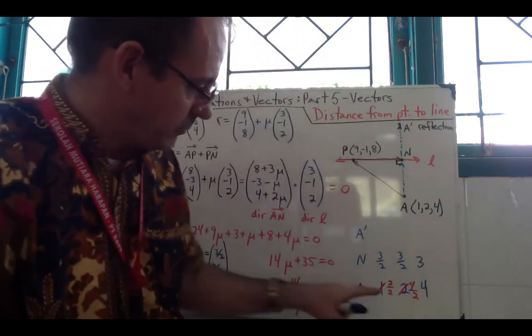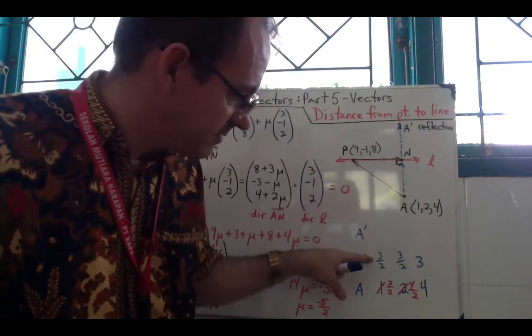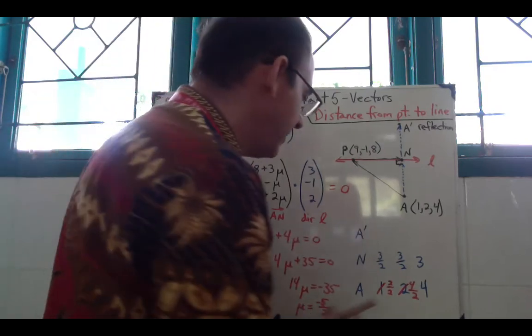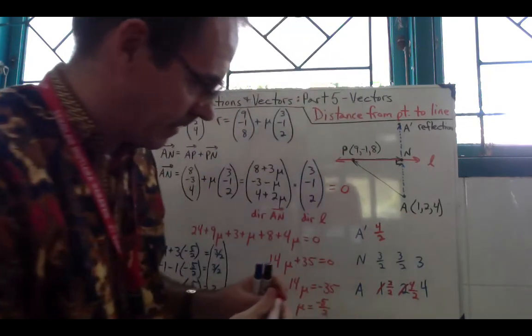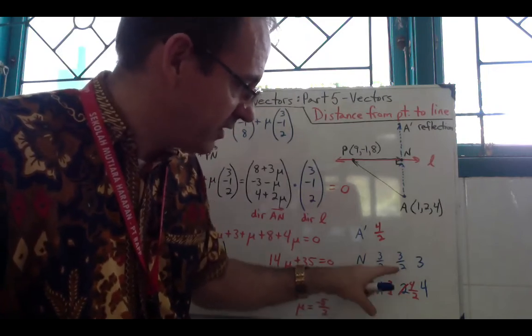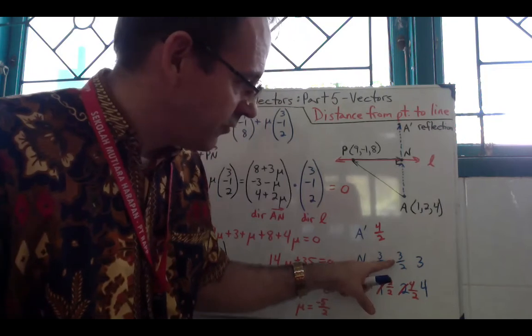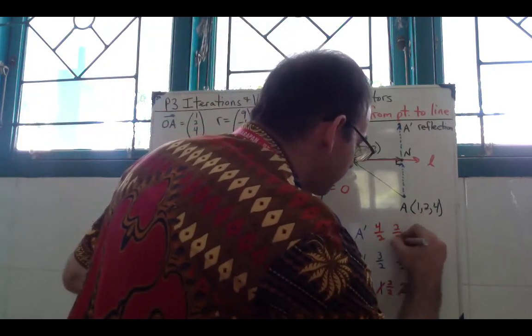So we go from 2/2 to N, which is 3/2, means it added a half. So if we add half again, we get 4/2. Now we're going down a half. 4/2 to 3/2 is -1/2. So if we go -1/2 again, we get 2/2.